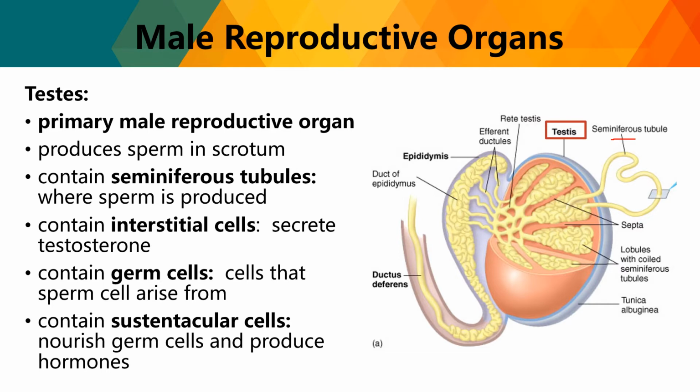It also has germ cells, which are the cells where the sperm cells arise from. And then it also contains your sustentacular cells, which nourish the germ cells and also produce hormones.